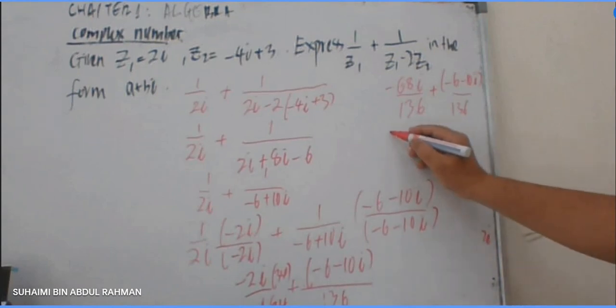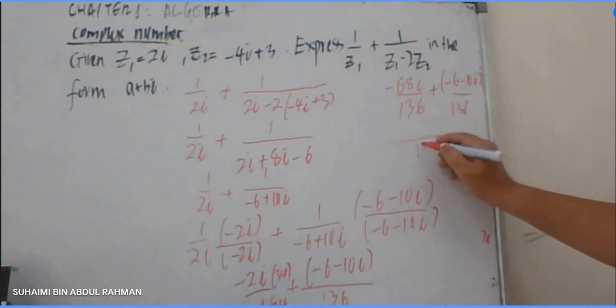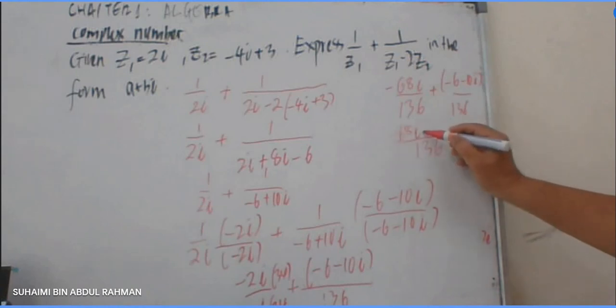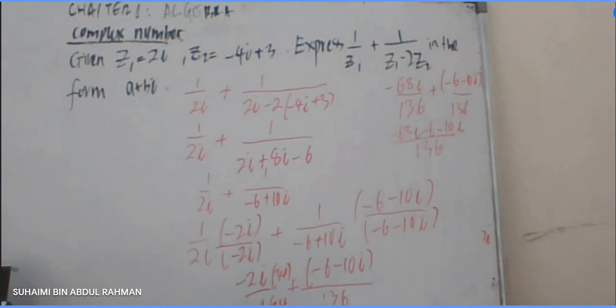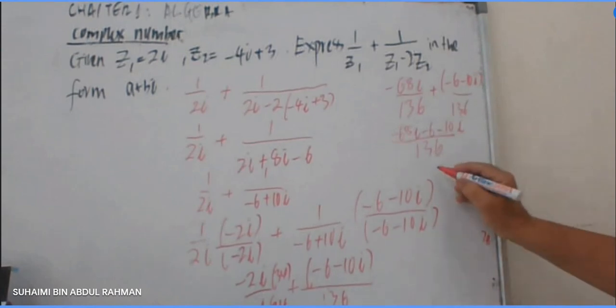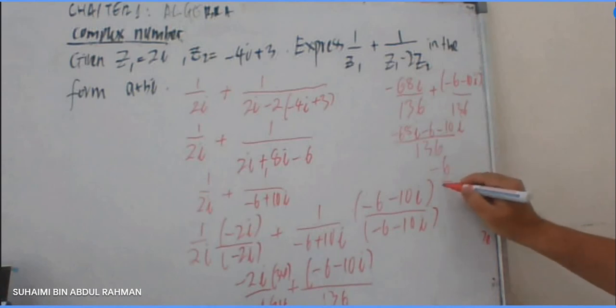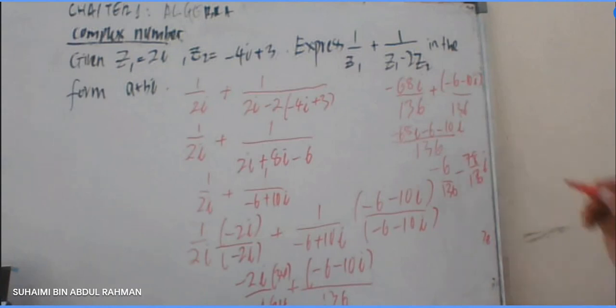So we have denominator 136 now. Minus 68i minus 6 minus 10i. Looks like that. So minus 6 over 136 minus 78 over 136i.